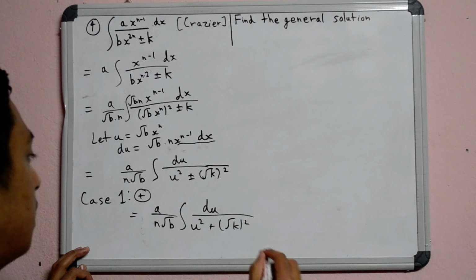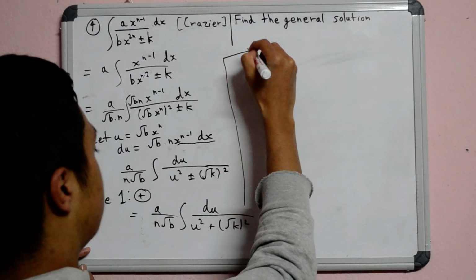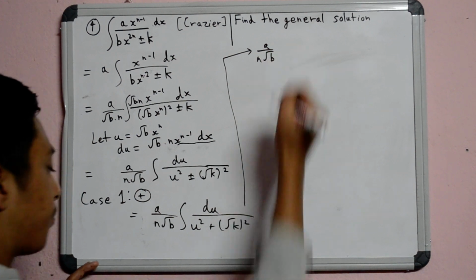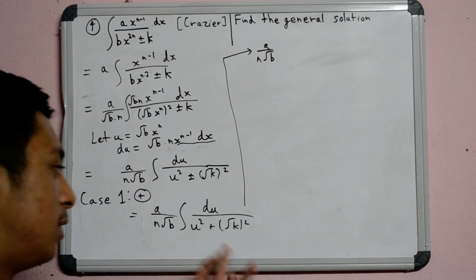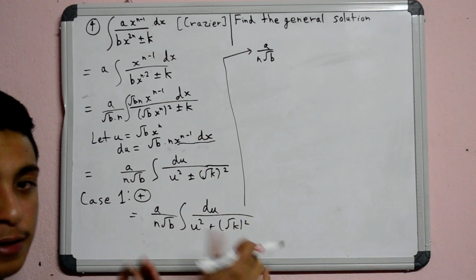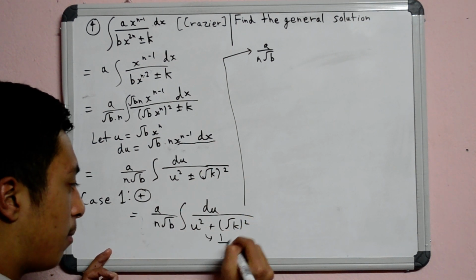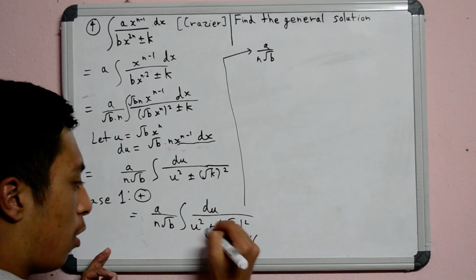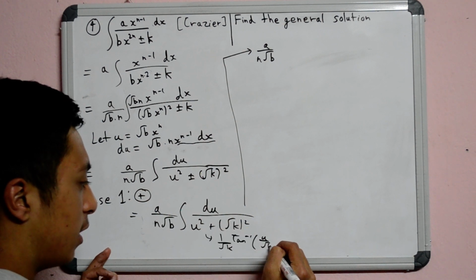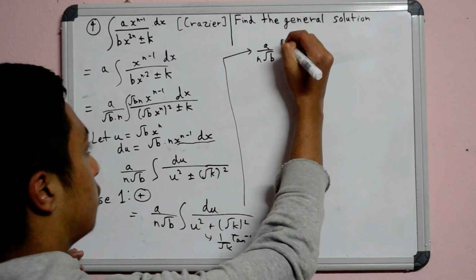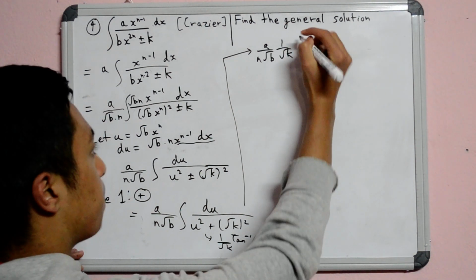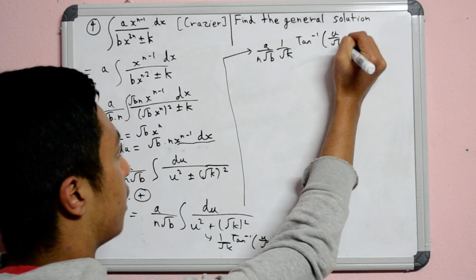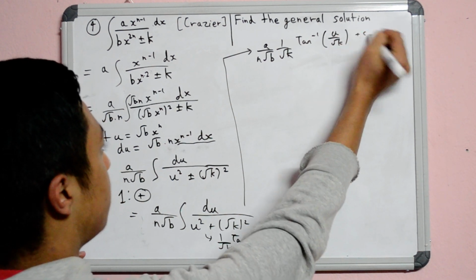Now this will be equal to a over n square root of b, and this integral part right here will be equal to 1 by whatever this constant is, into the tangent inverse of this variable by that constant. So this will be 1 over square root of k, tangent inverse of u by square root of k plus c.